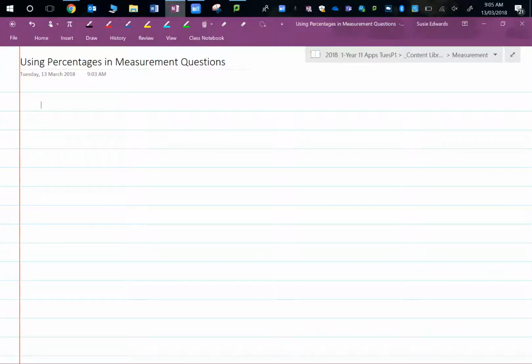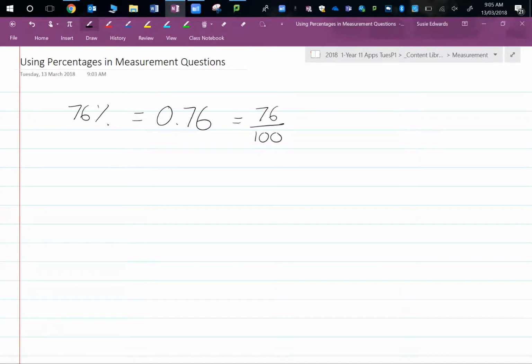All right, so if we just really quickly look at percentages, and because you're going to have a calculator for all this, I'm just going to assume you're using a calculator. If I had 76%, what's that as a decimal? 0.76. We're just dividing by 100. Okay, what about as a fraction? 76 over 100.